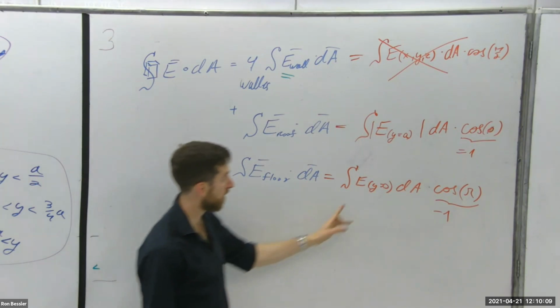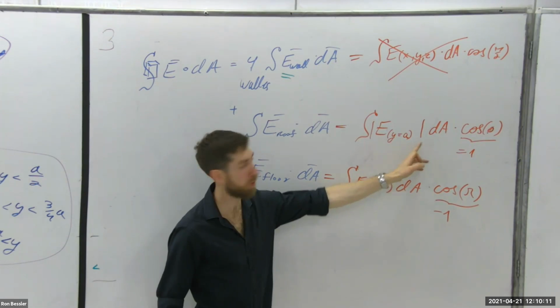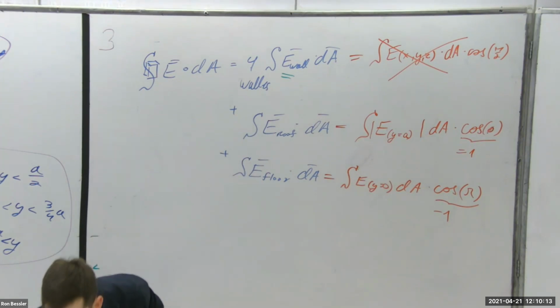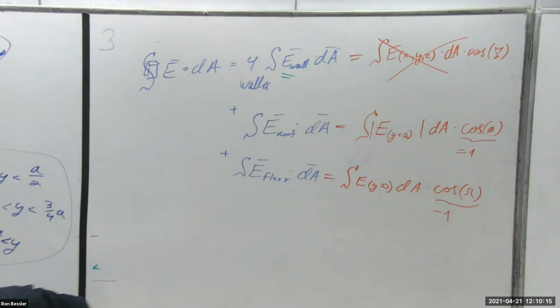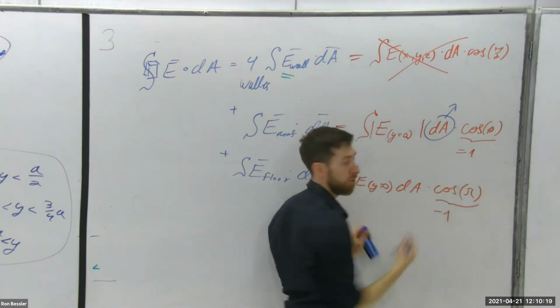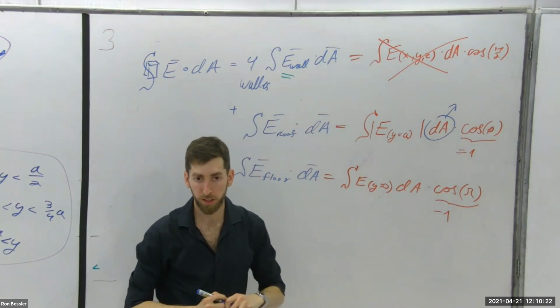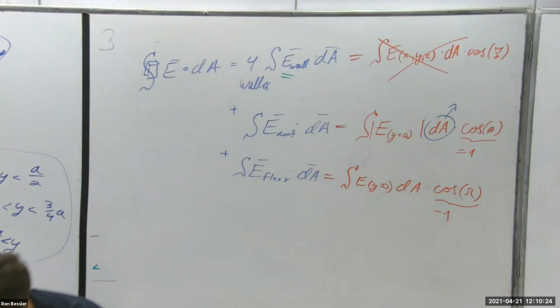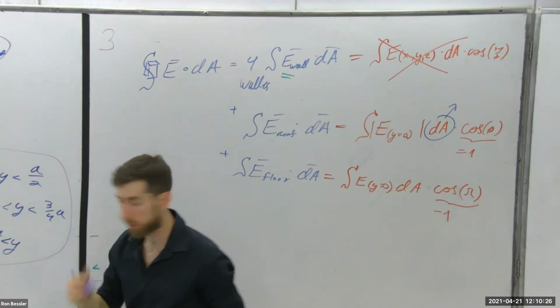So what can we do with these constants? What is this dA actually? What does it represent? The roof. What represents the roof? The side square. If I have this box, let's go back to this drawing.